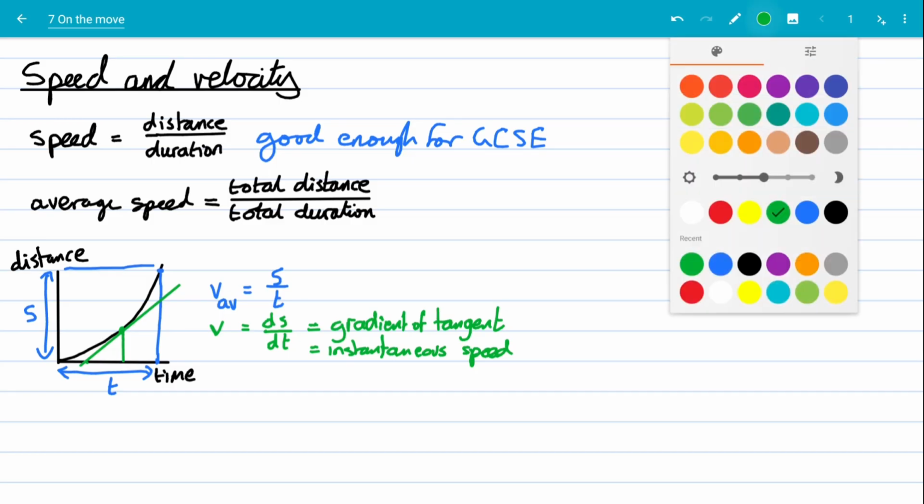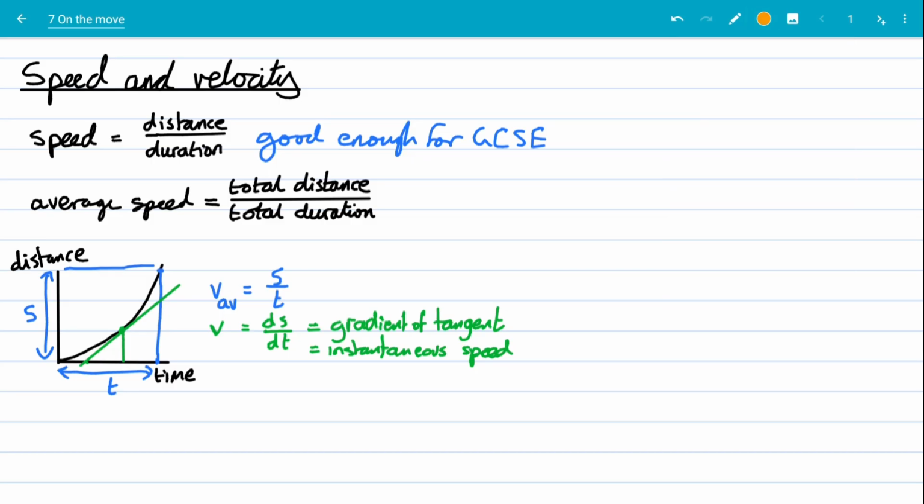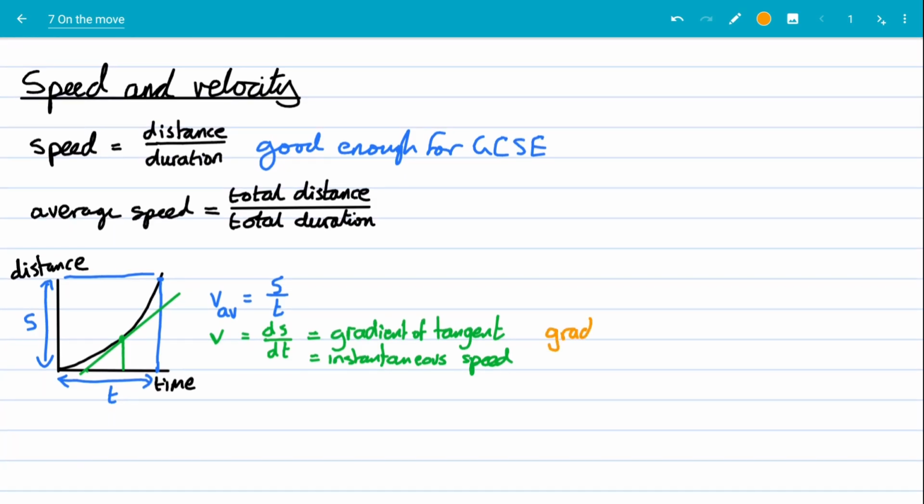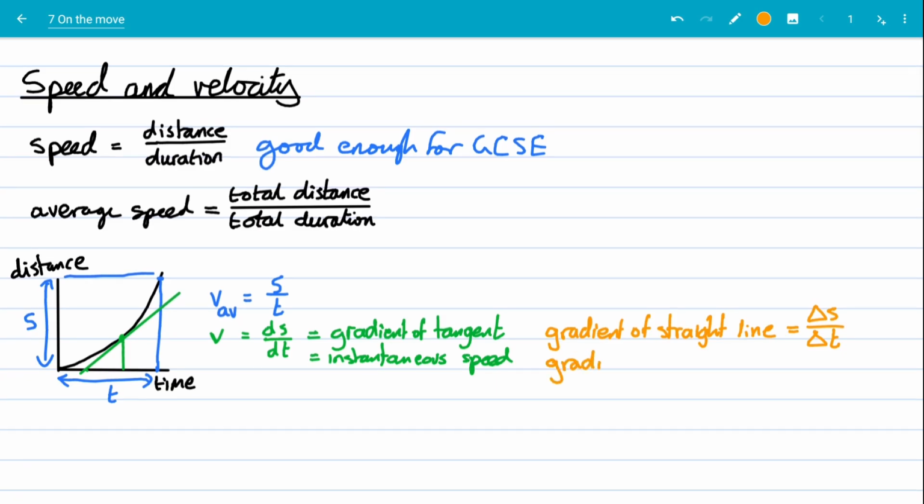So we could say, and then I will write this down here, that the gradient of a straight line, like the tangent, you could say that is equal to delta S divided by delta T, where the deltas mean a discrete change, but the gradient of a curve or a curved line, we would have to talk about ds by dt here.